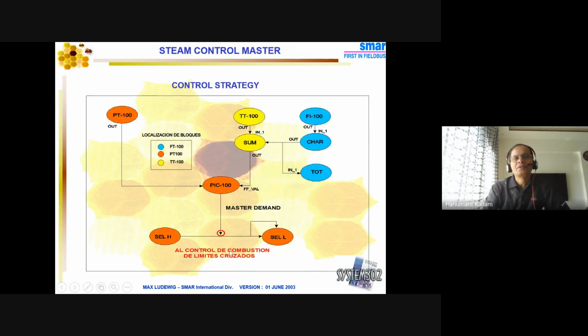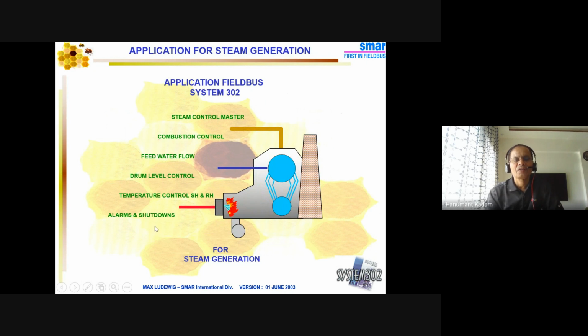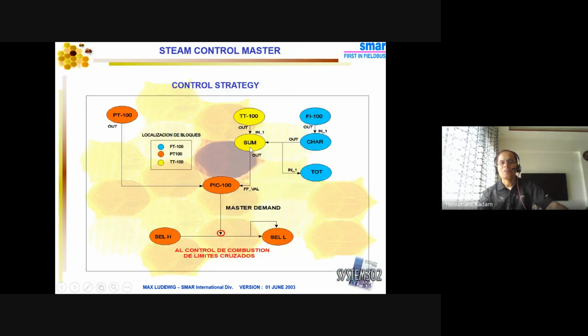If you see in this slide: alarm, shutdown, process startup and shutdown, temperature control of the burner or superheated steam, and drum level control. This is the top drum, with feed water flow, combustion control, and steam control.